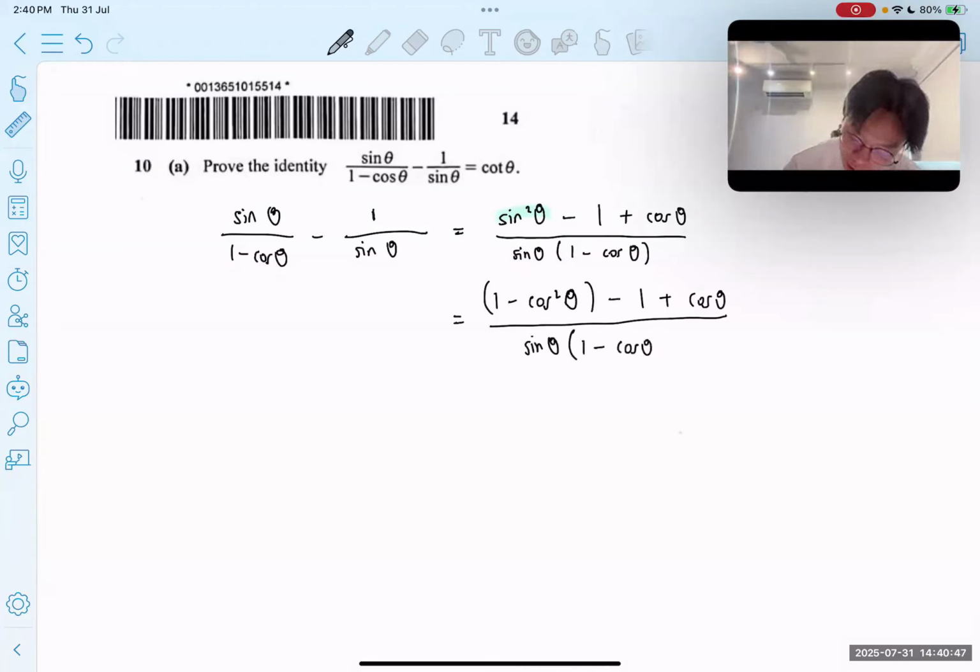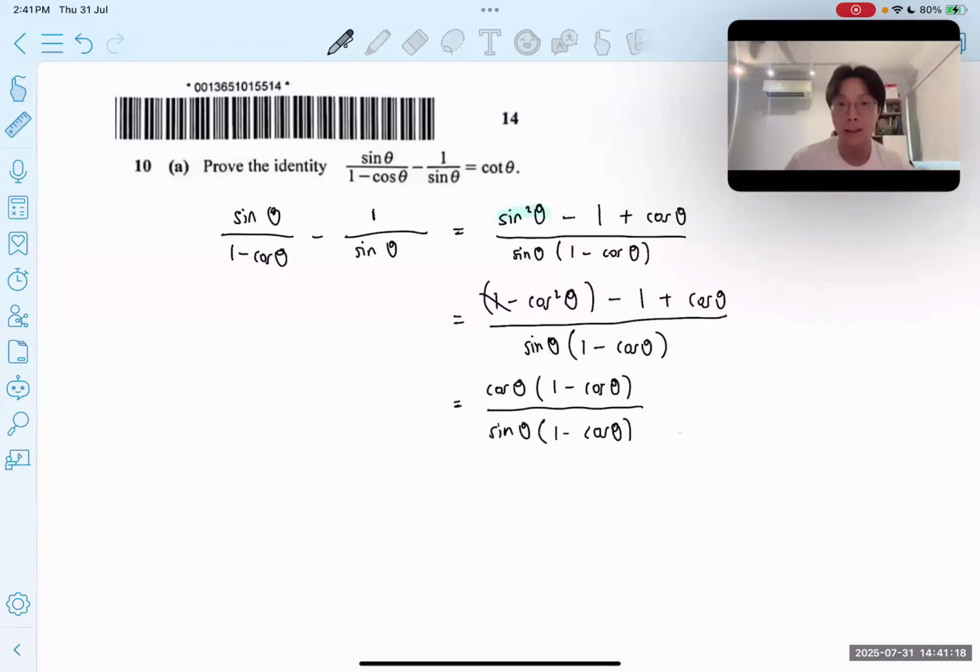So if I continue to simplify, 1 minus 1, I can remove this one already and just get cosine theta minus cosine square theta. If I factorize this, I get cosine theta times 1 minus cosine theta, over sine theta times 1 minus cosine theta.